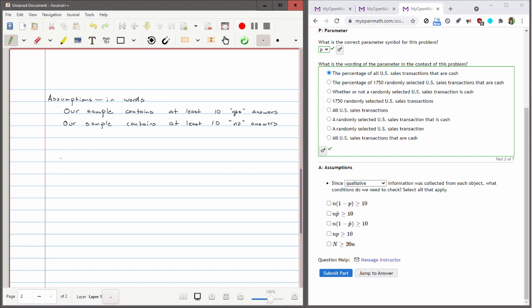And then the other assumption that we need is that our sample is small relative to the population. The reason we need that is very technical and mathematical.